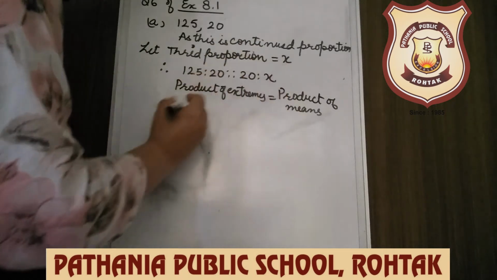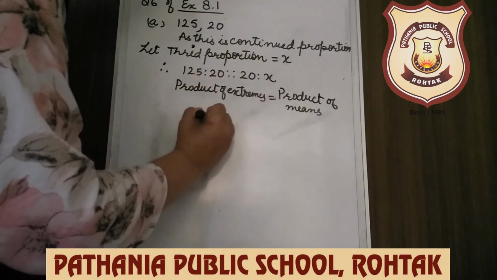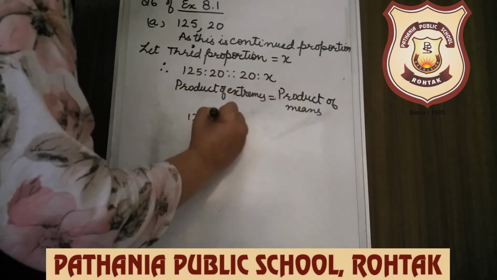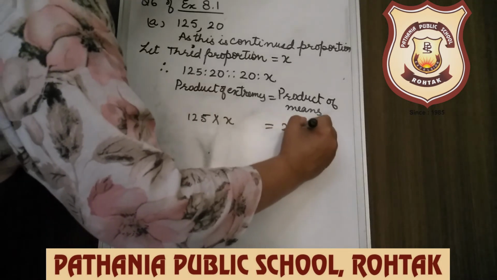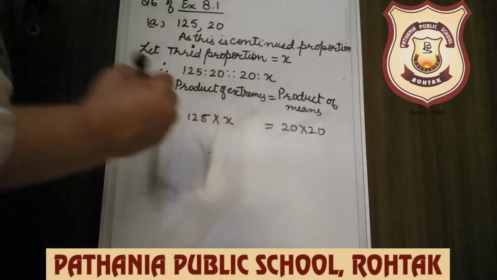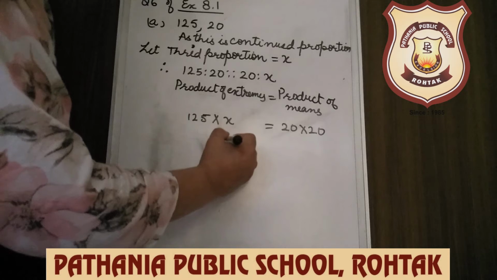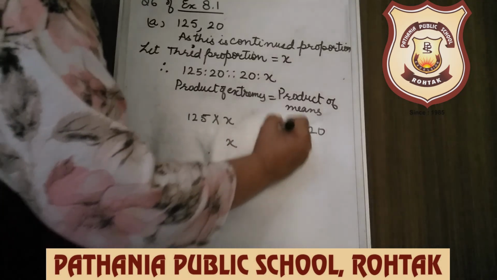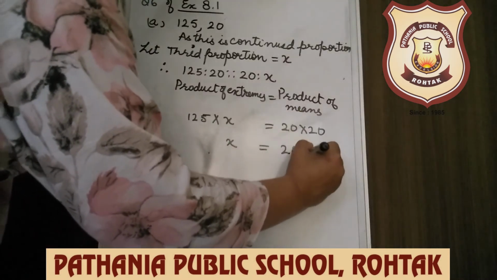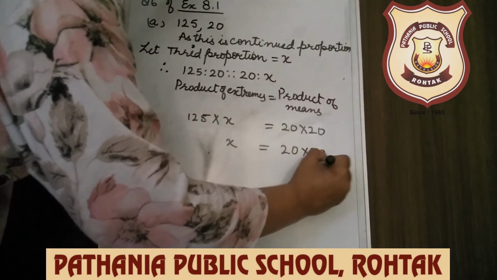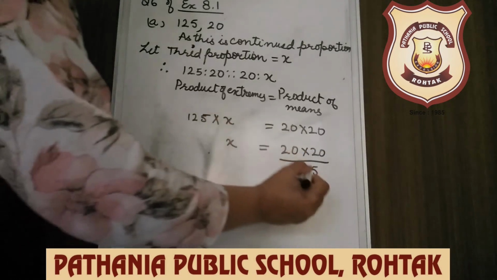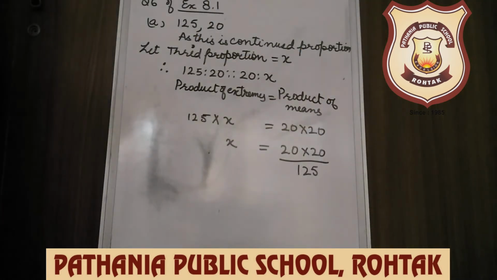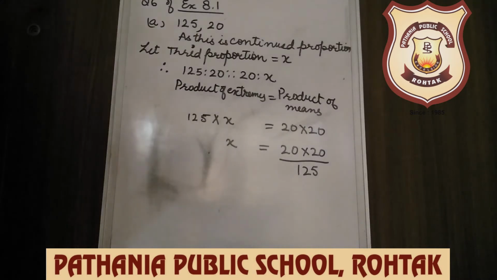Product of extremes 125 multiplied by x, 20 multiplied by 20, product of means. Now keep x on left hand side and bring 125 in the denominator, as this is going to be divided on the other side.